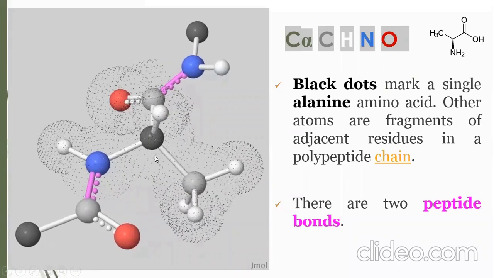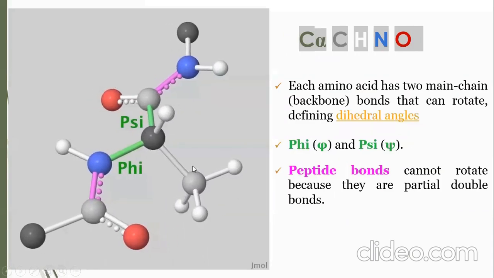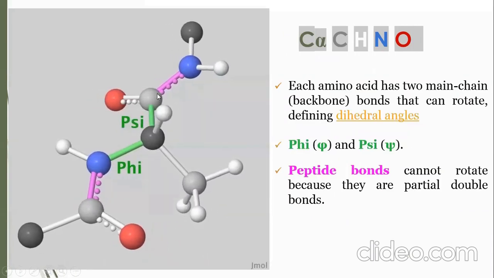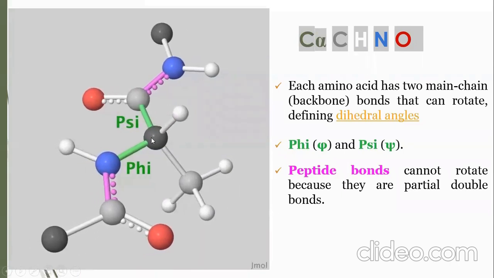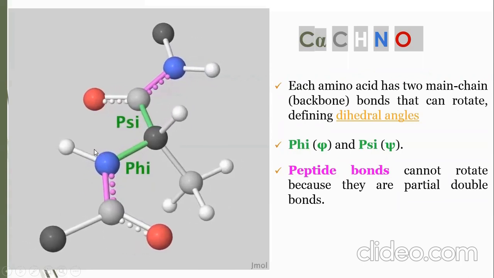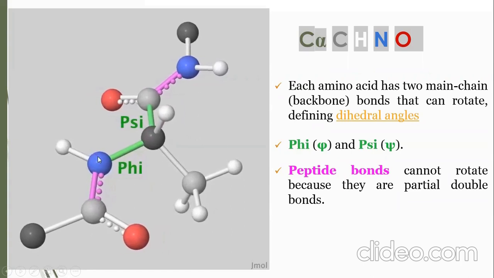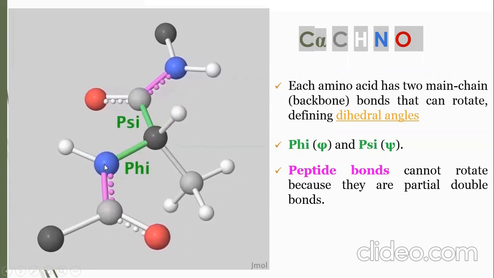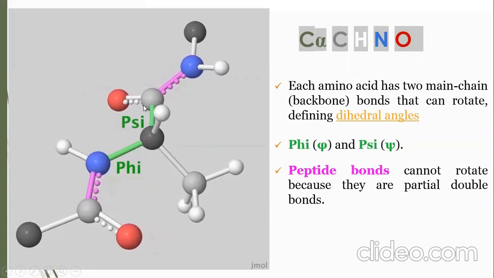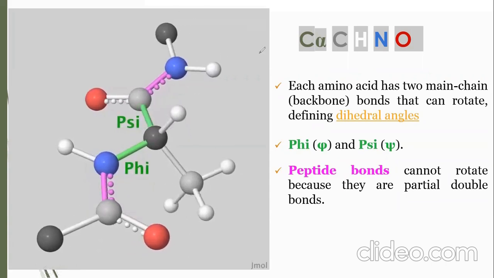So here in this diagram, again, this is the Psi bond, and this one is the Phi bond. Each amino acid has two main chain backbone bonds that can rotate, defining the dihedral angle.